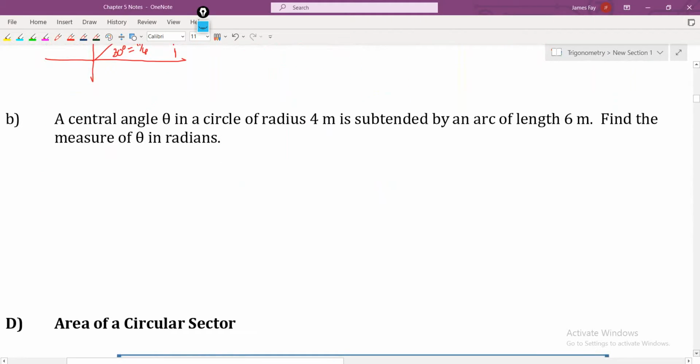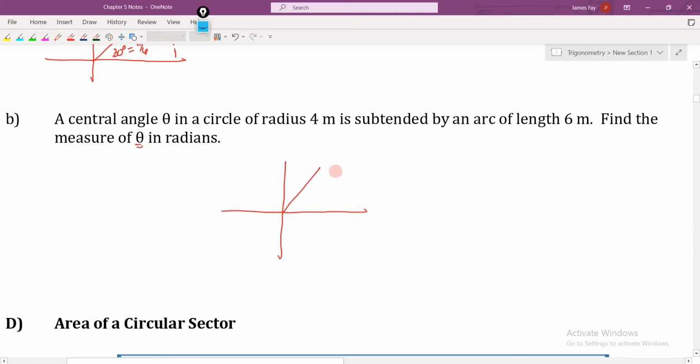Here it says a central angle theta in a circle of radius 4 meters is subtended by an arc of length s, or length 6 meters. Find the measure of theta in radians. So in this situation, just draw the picture. I don't know whether theta is going to be in the first, second, third, or fourth quadrant here.